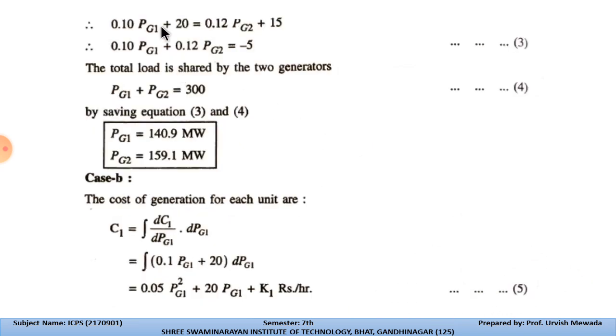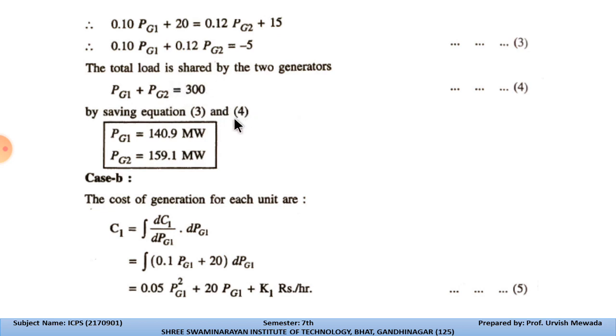So let us compare these two equations. 0.10 Pg1 plus 20 is equal to 0.12 Pg2 plus 15. So 0.10 Pg1 minus 0.12 Pg2 is equal to minus 5. This is equation number 3. Now the total load is shared by the two generators, so Pg1 plus Pg2 is equal to 300, because the total load transferred by the two generators is 300.